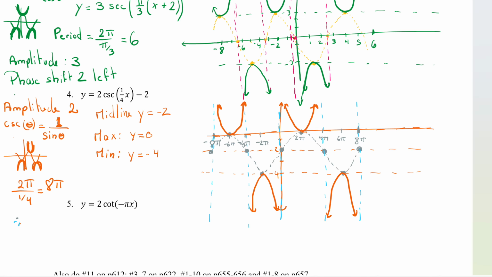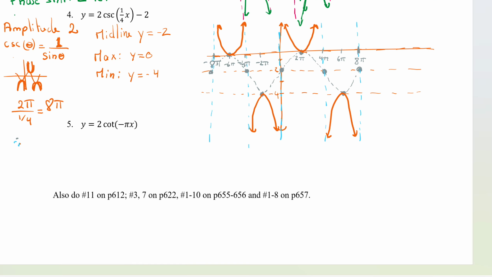Etc. We have 2 of them. We're good to go. All right. One to go.